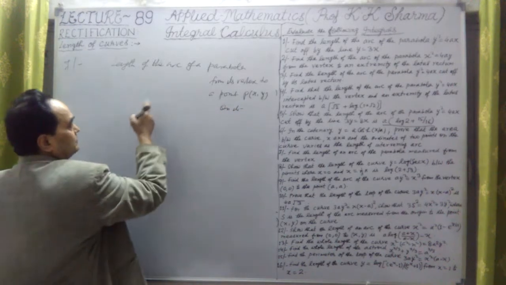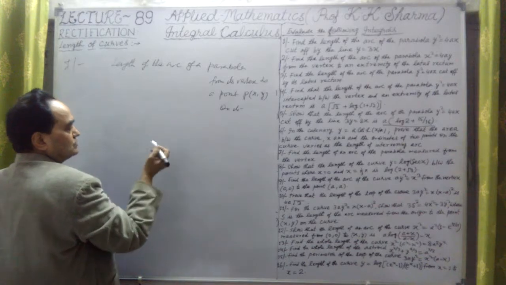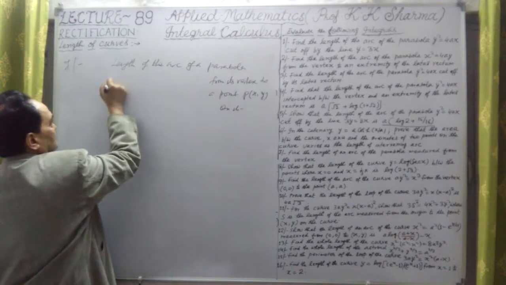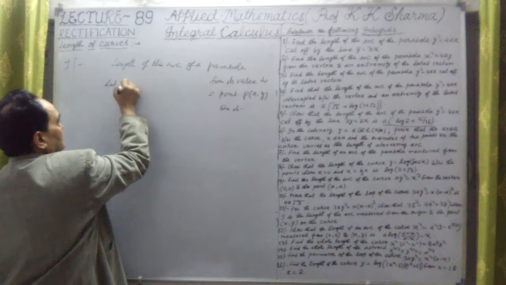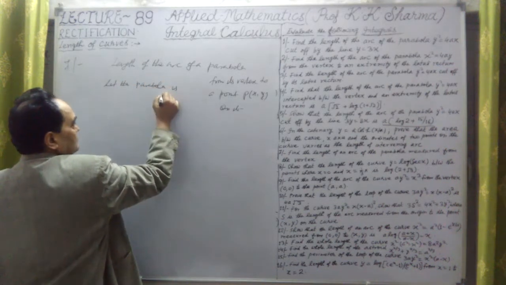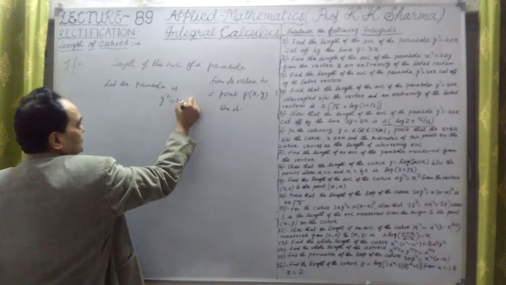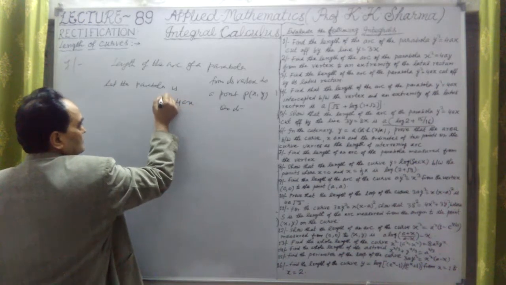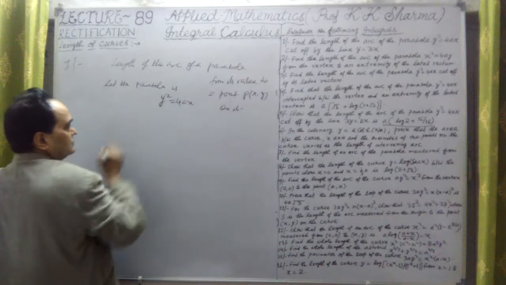Okay, so we have taken vertex as (0, 0). So the parabola, let the parabola be y square equal to 4ax. Y square equal to 4ax.